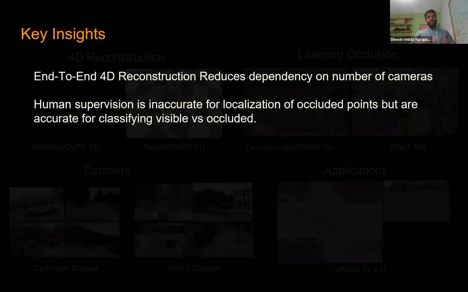So in the end, what our algorithm shows is end-to-end 4D reconstruction, which reduces dependencies on the number of cameras. So you should always learn in an end-to-end framework. Generally, human supervision is inaccurate, is what I believe, for localization of occluded things. So always think of learning anything with a lot of occlusions in a self-supervised manner.